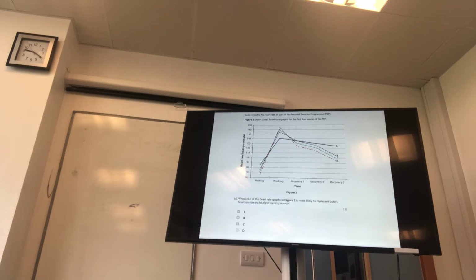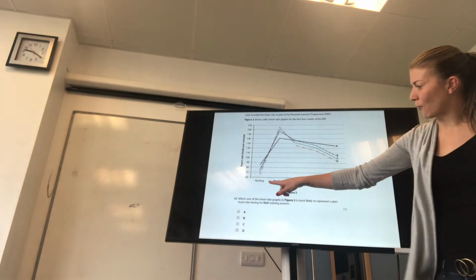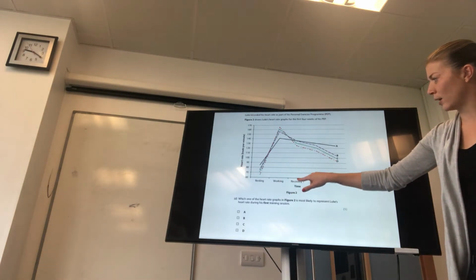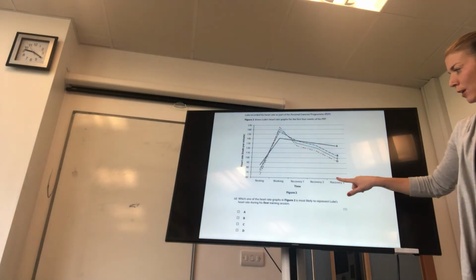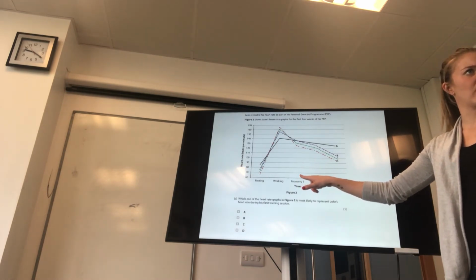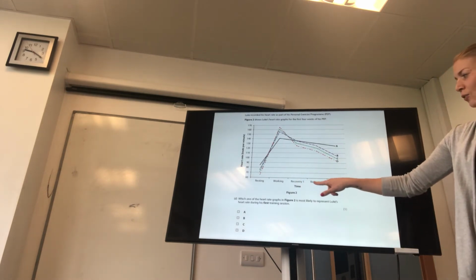Okay, still multiple choice. Luke recorded his heart rate as part of his personal exercise program. Figure 2 shows Luke's heart rate graphs for the first 4 weeks. So here it's resting, working, recovery 1, recovery 2, recovery 3. What this means is, this is probably 1 minute after exercise is finished, 2 minutes after exercise is finished, and 3 minutes.